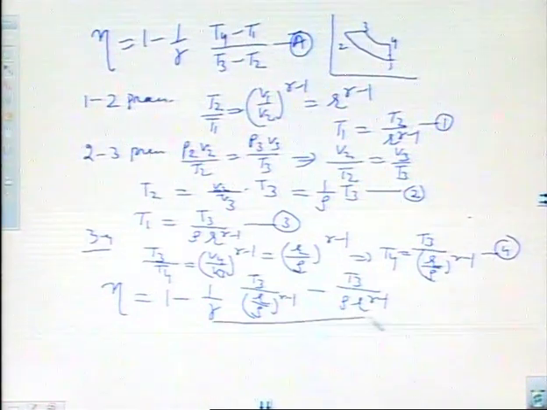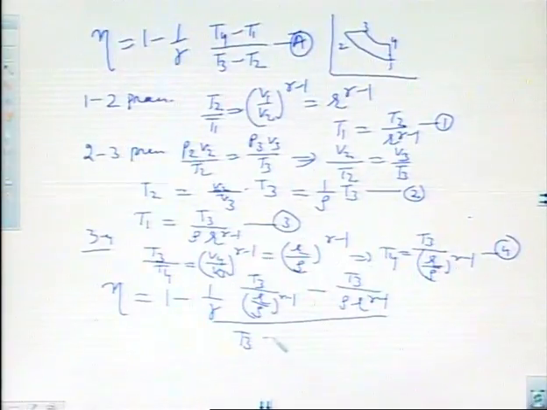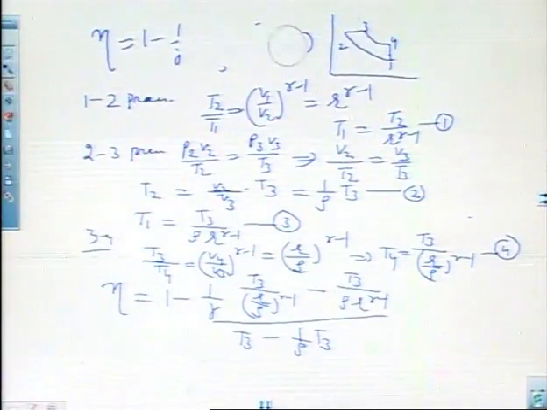Again divided it by T3 minus T2. What is T2 here? 1 by rho T3. Now, this can be further derived like this.